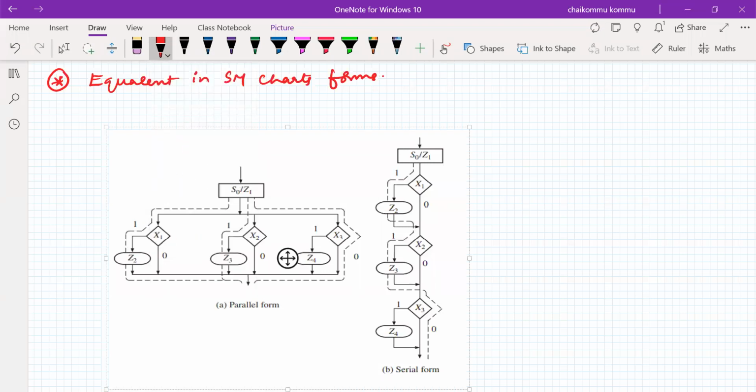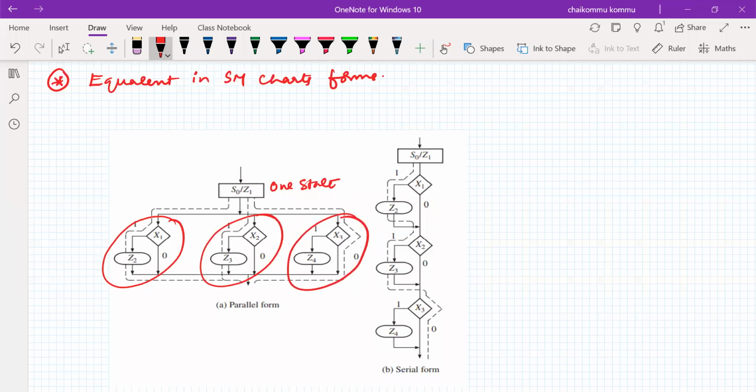You can observe that only one state is there, but different forms are connected in parallel. But it should have only one particular entrance and one exit.